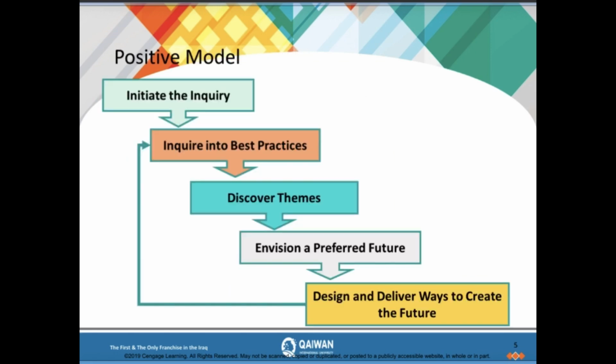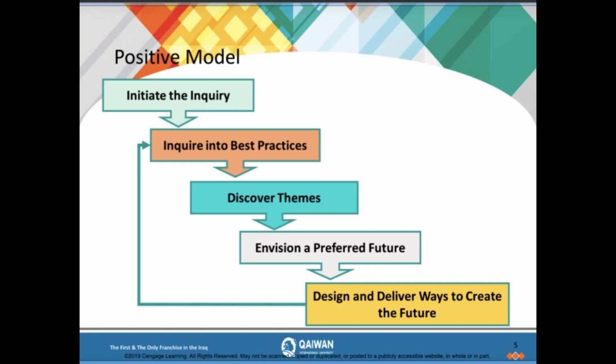And the third model is the positive model. This model is a bit different from the previous ones because instead of focusing on problems, this model focuses on strengths, on what the organization is already doing well.